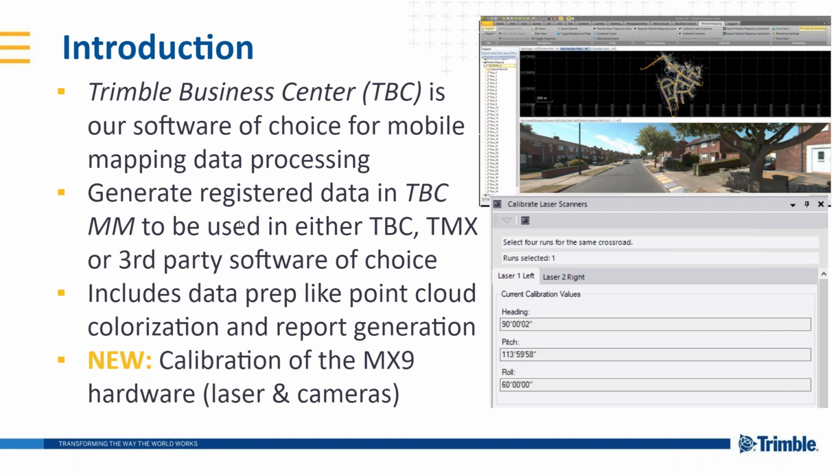In TBC, we do have a module which we call TBC mobile mapping, as you can see the abbreviation here. This is for all the data processing and making the data accurate, good, clean, so it can be further used.